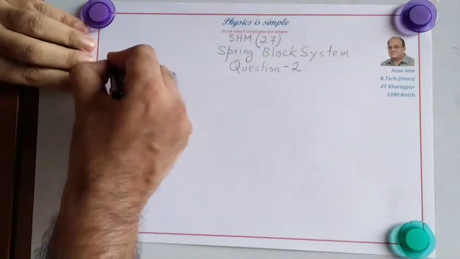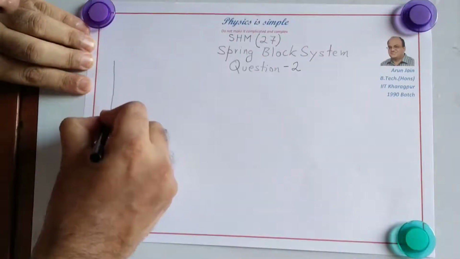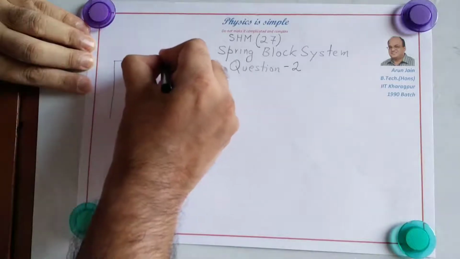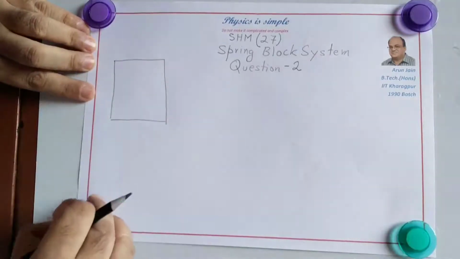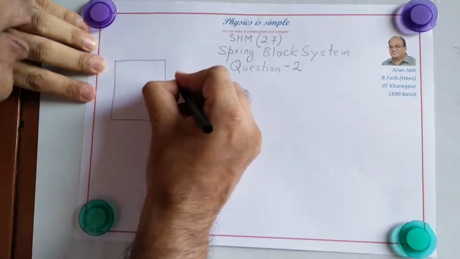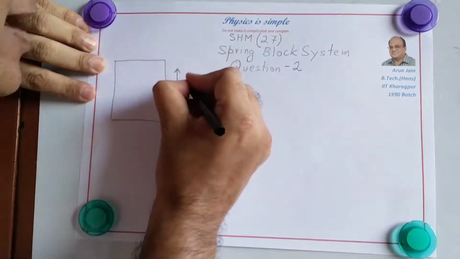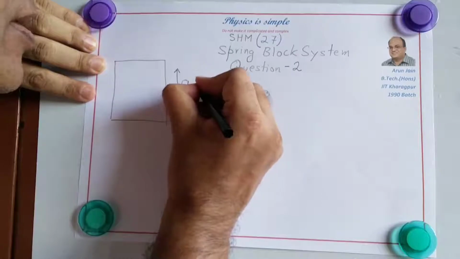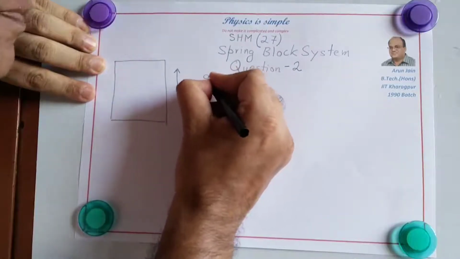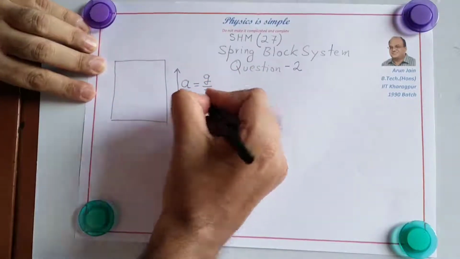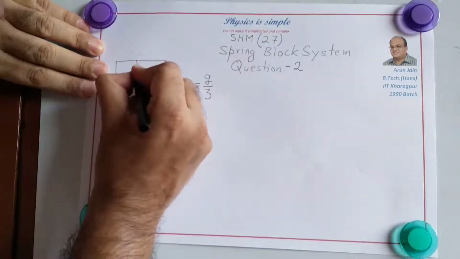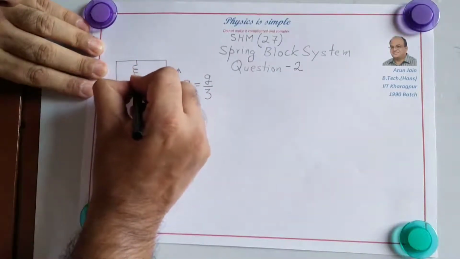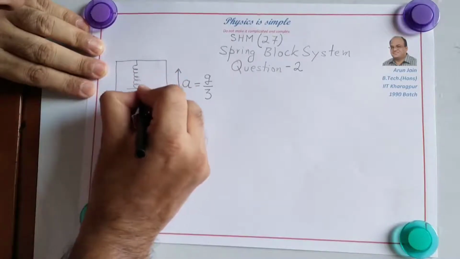In this question, we have a lift, an elevator, that is accelerating upwards with an acceleration of g by 3. Inside the lift, there is a spring block system hanging like this.